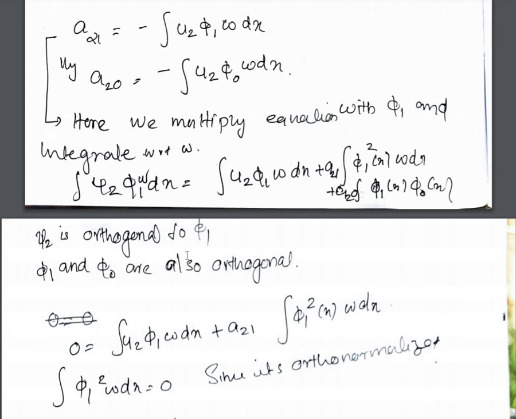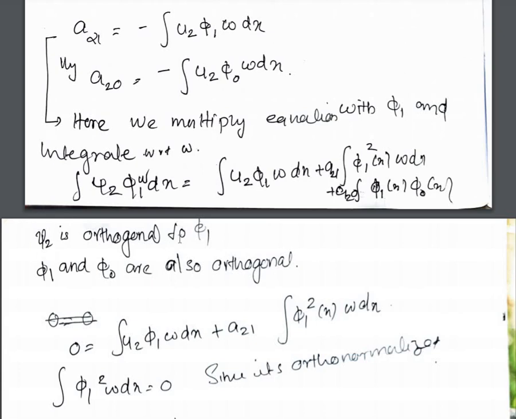So we did the calculations here, showing how we get a21. Here we integrate, multiplying psi 2 with phi 1. You will get integral psi 2 of x phi 1 of x w dx is equal to integral u2 phi 1 of x w dx plus a21 integral phi 1 square w dx plus a20 integral phi 1 of x phi 0 of x w dx.